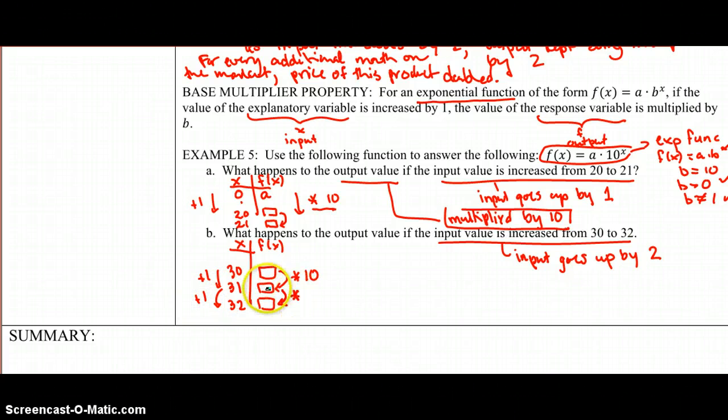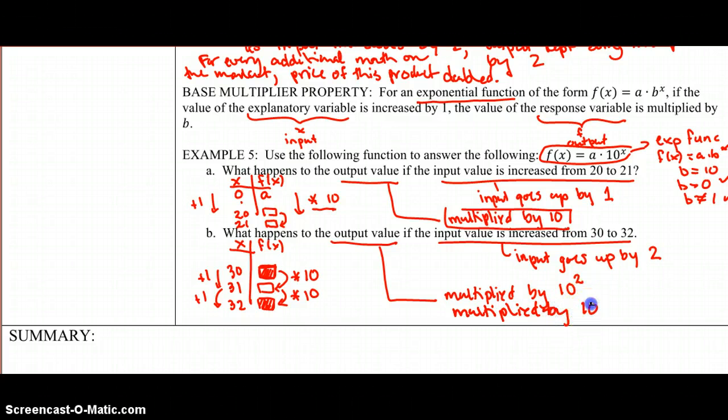So again, to get from this output to this one, we would again have to multiply by 10. So to get from the output value at 30, so this box, to the output value at 32, we would have to multiply by 10 and then multiply by 10 again. So our output value here would be multiplied by 10 squared, which is 100. So we could say it's multiplied by 100.